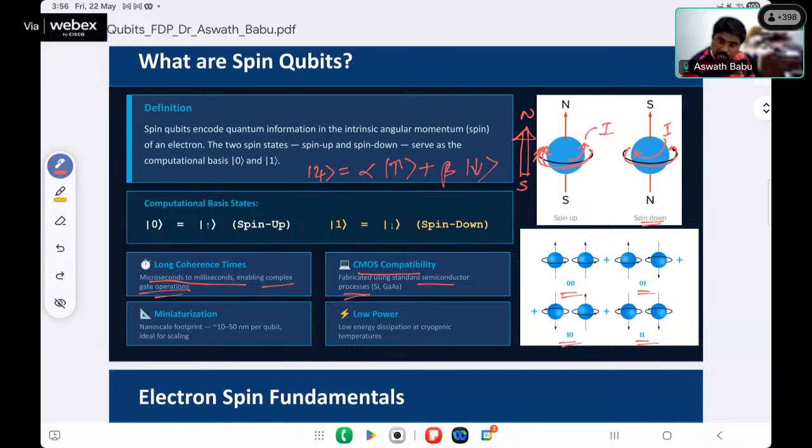A nanoscale footprint of about 10 to 15 nanometers per qubit is ideal for scaling, so you can have many qubits in a very small location. Since the size is so small, they require a very small amount of power, so low energy dissipation is also there. And we maintain them at a cryogenic temperature, so that is also taken care of.